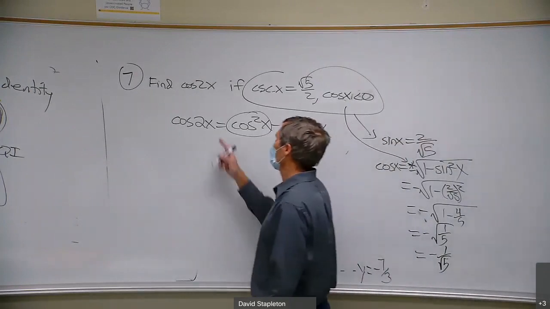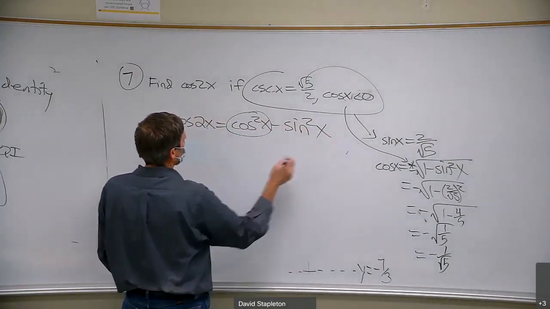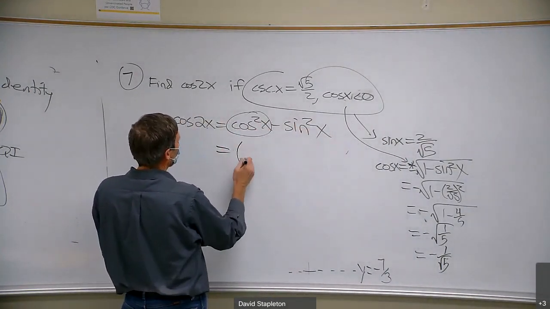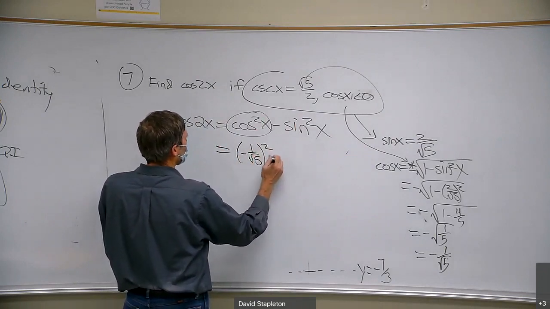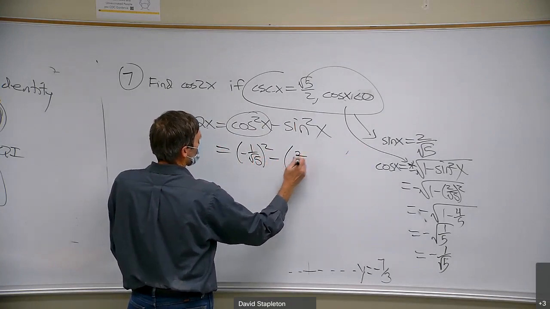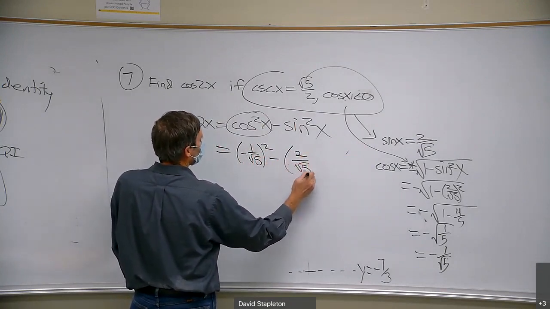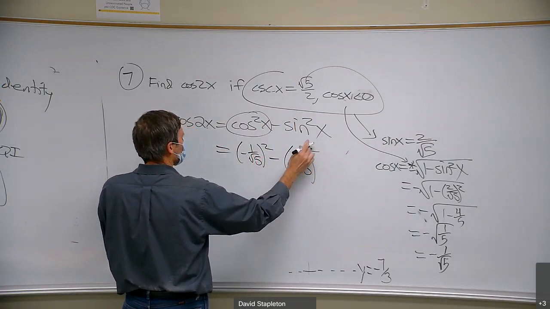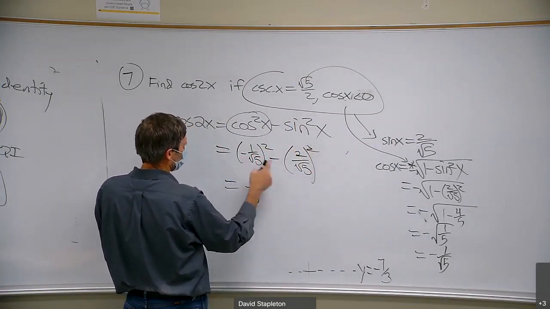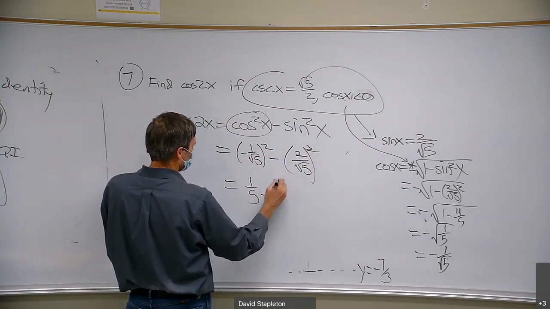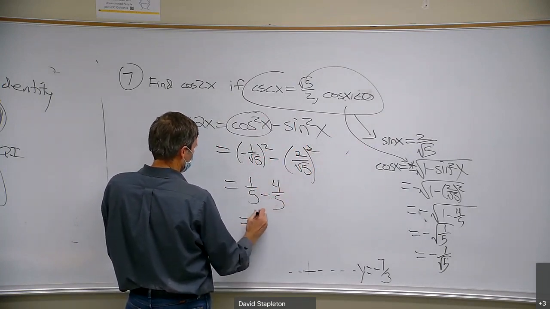So what I do is I write the double angle identity, then I compute sine and cosine on the side, now I'll put them in. Minus 1 over square root of 5 squared for cosine squared. 2 over square root of 5 for sine, squared. This gives me 1/5, right? Minus 4/5 by squaring is minus 3/5.